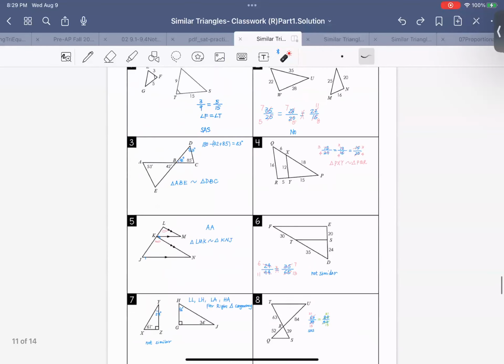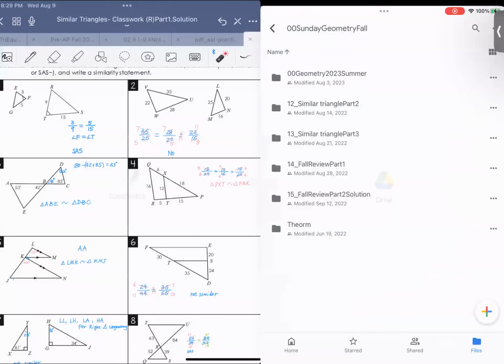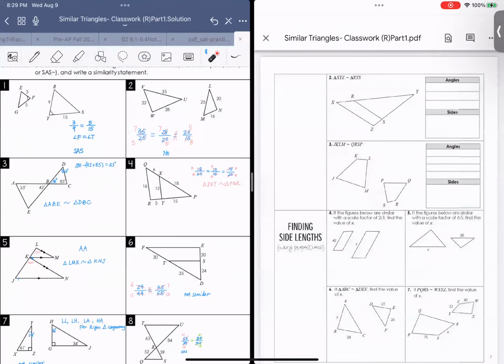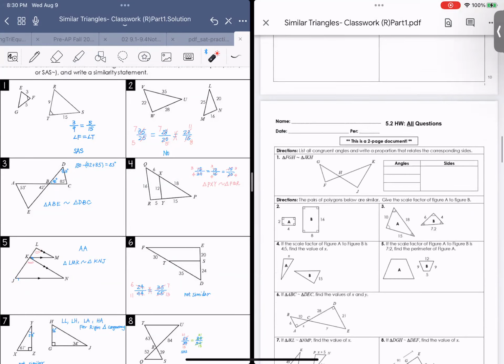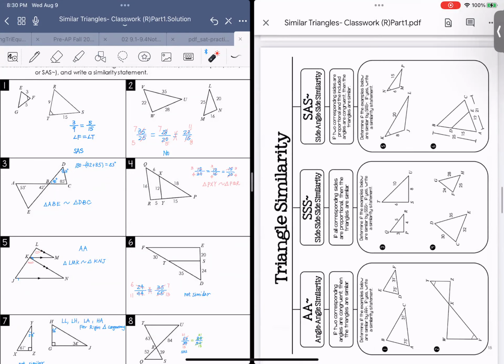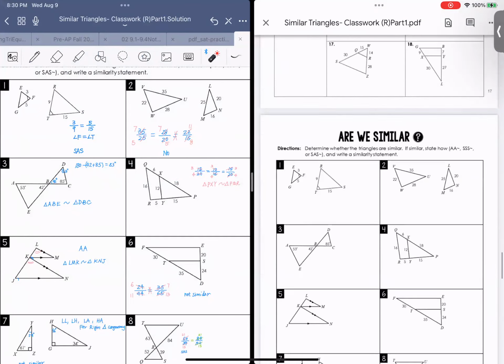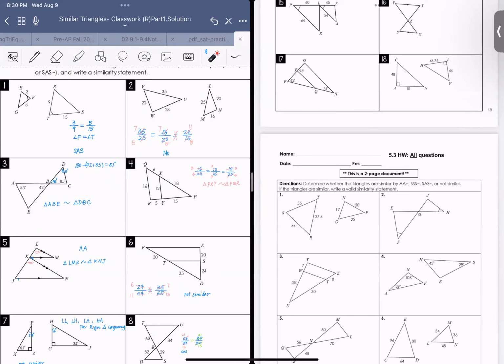The homework I uploaded is already here. It's called this one here. For these notes, I know that this is many pages. So if it's too much and your school has already started, you have the freedom to choose doing just the odd or just the even questions and send them to me.